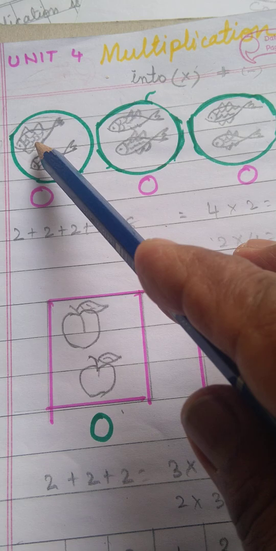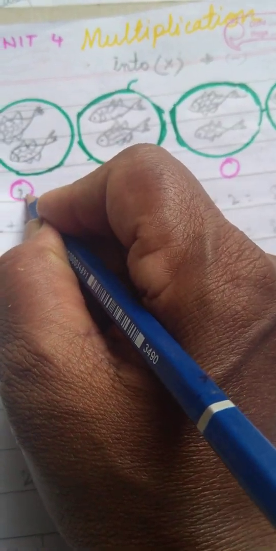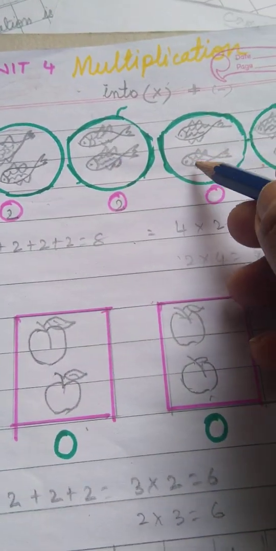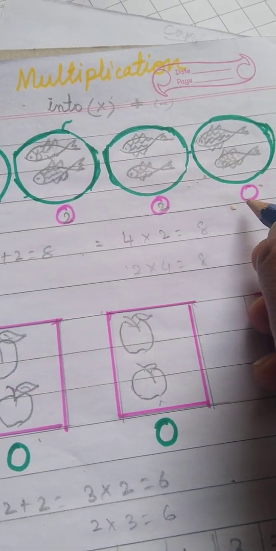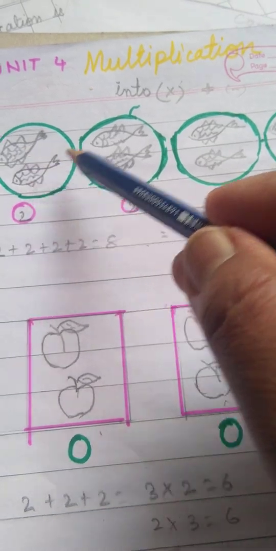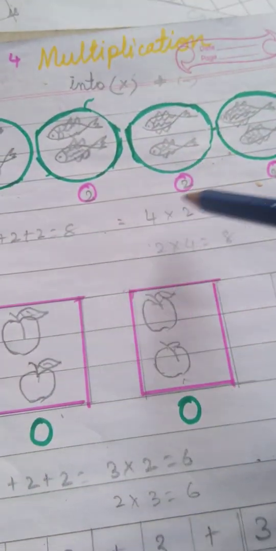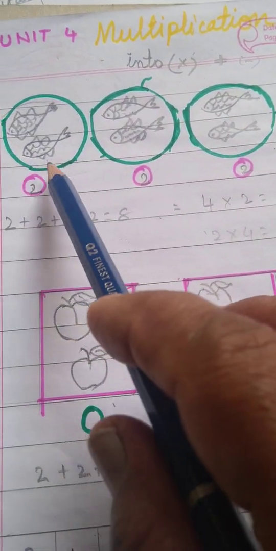Count. Here 2, here 2, here 2, here 2. Now count, children. 1, 2, 3, 4, 5, 6, 7, 8. Total how many fishes are there? Total 8.